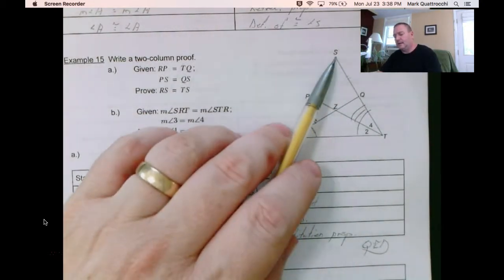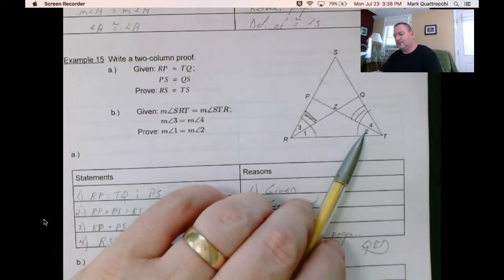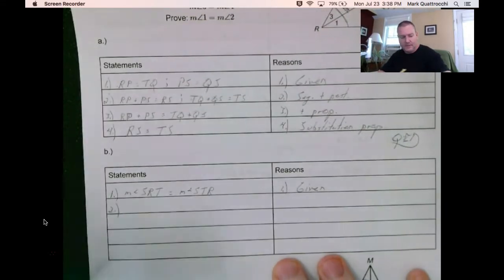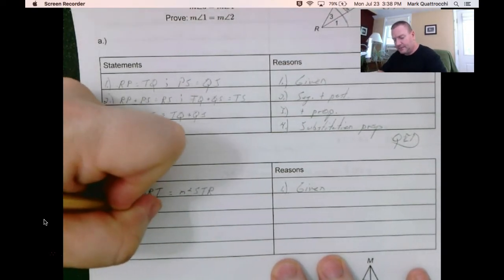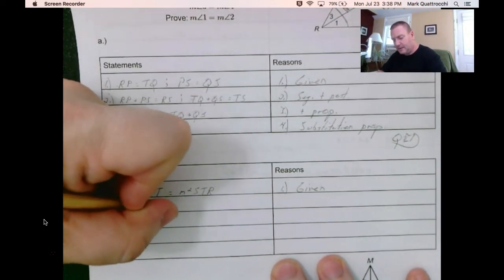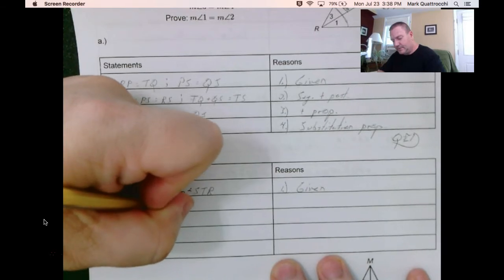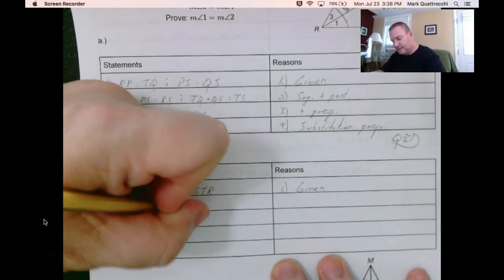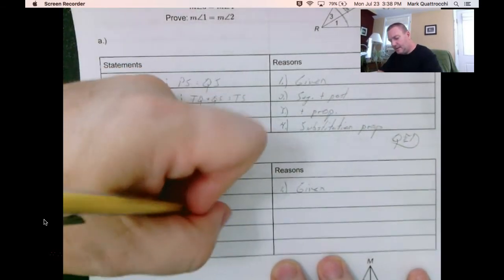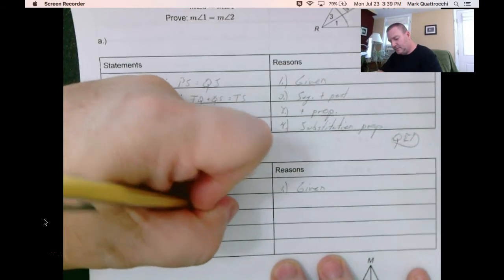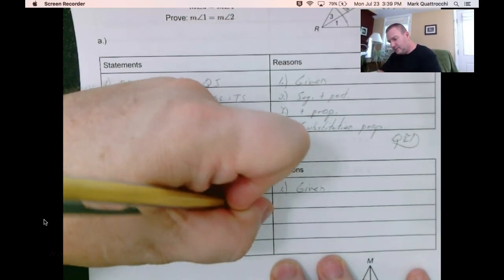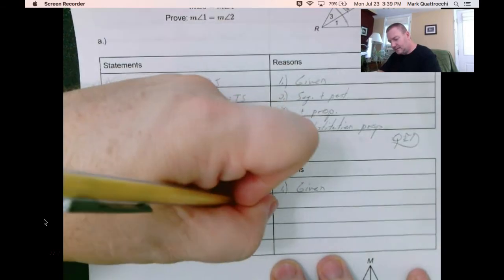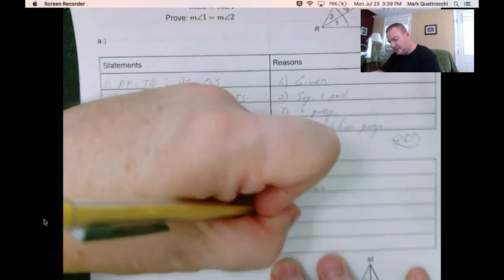And what can you tell me about angle STR? It's a combination of angles 2 and 4. So the measure of angle 1 plus the measure of angle 3 equals the measure of angle SRT, and the measure of angle 2 plus the measure of angle 4 equals the measure of angle STR.